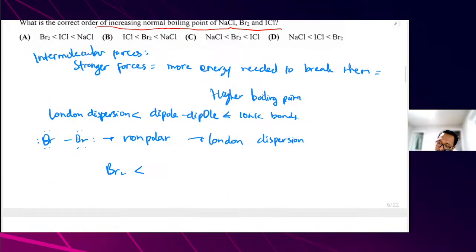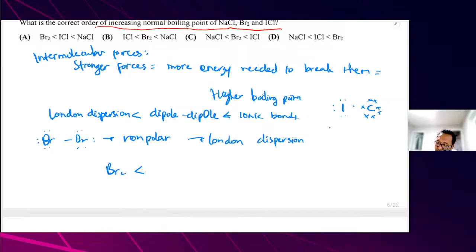And then ICl has the same thing as PR2, however, it has a different type of intermolecular force.